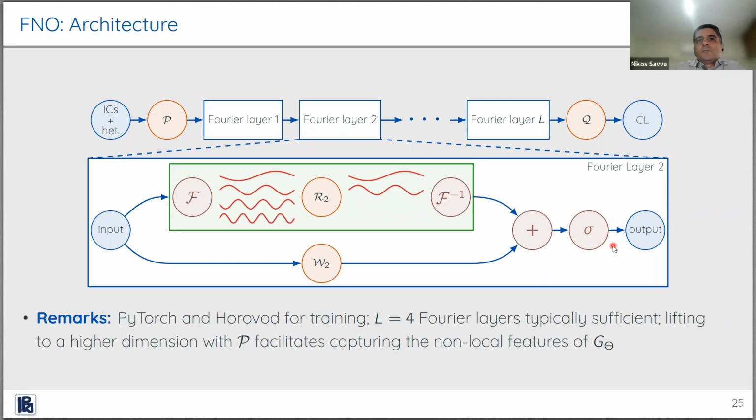We use PyTorch and Horovod for training, and we found that 4 Fourier layers is typically sufficient for our purposes. And we lift to a higher dimensional space. This facilitates capturing the non-local features of this mapping, because this can be a complex mapping if we are to learn parameter families of the solutions to PDEs.